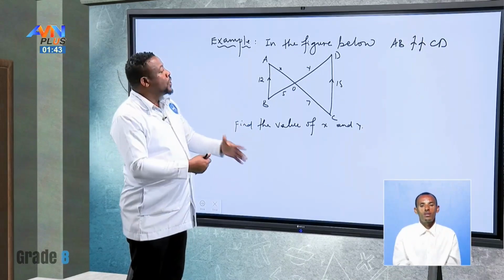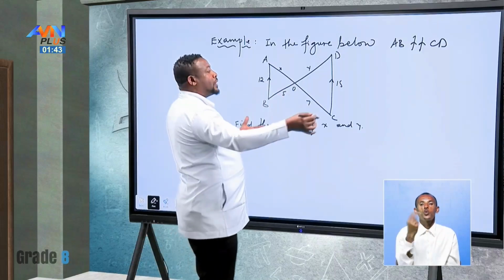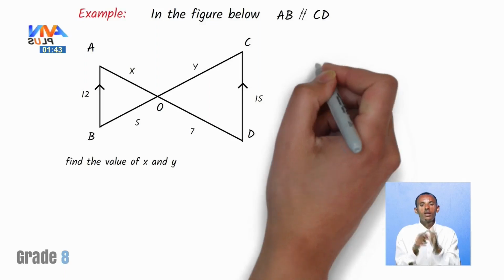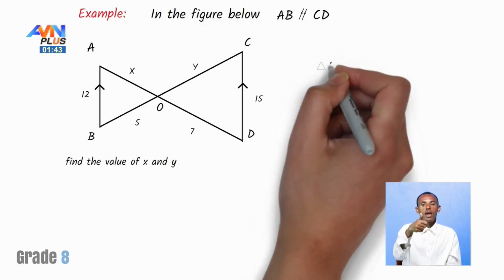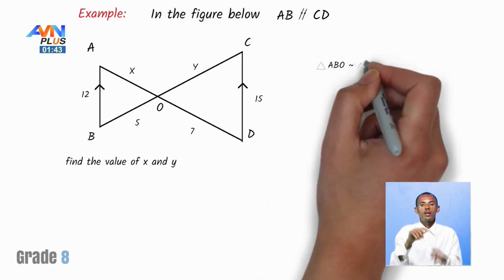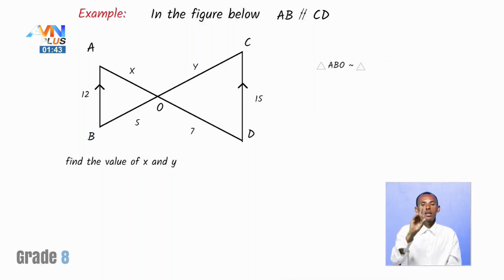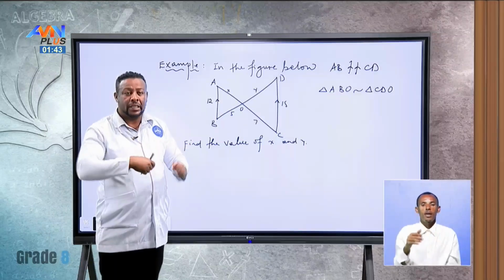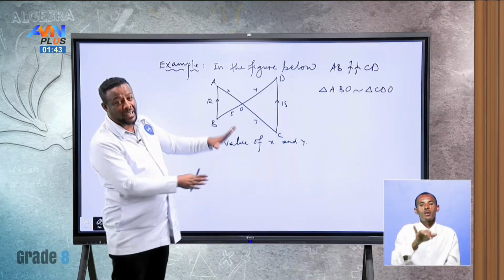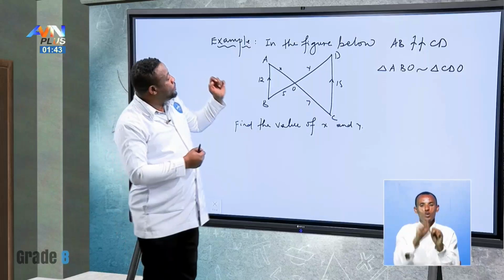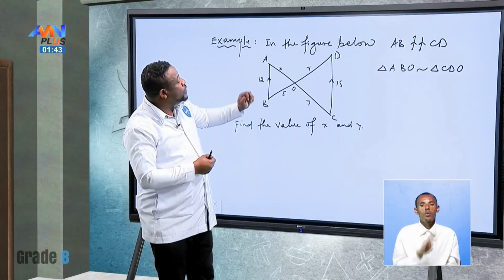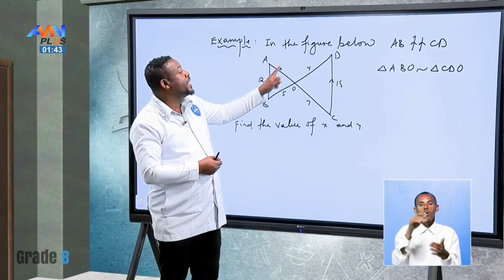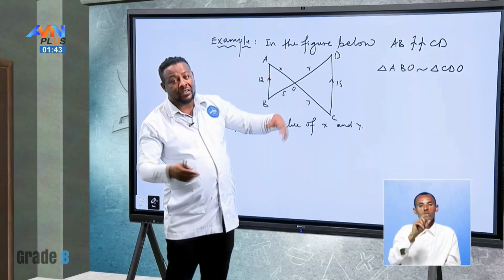Using the fact that we derived in our previous example, clearly triangle ABO is similar to triangle CDO. Okay, these two triangles are similar by angle similarity. Already we have proved this thing. So here we are asked to find the unknown values of X and Y. Okay, what must be X and Y so that these two triangles are similar?